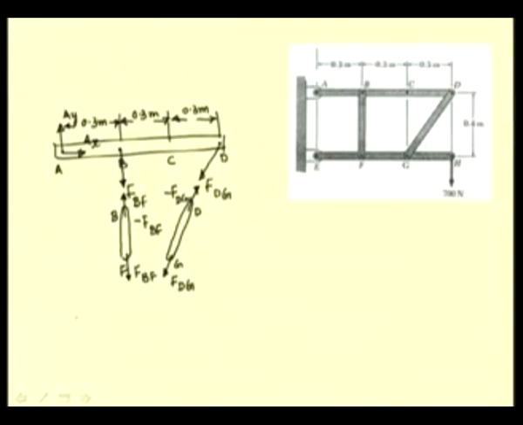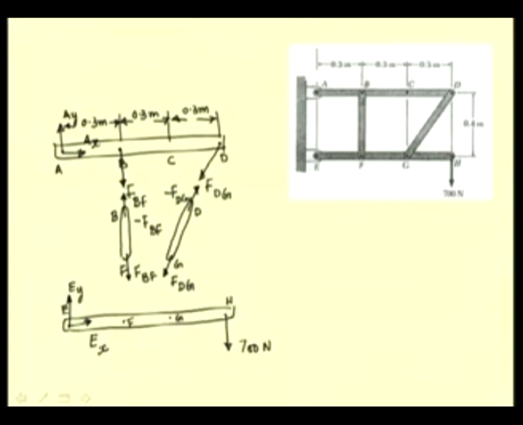Now, let us move to the last member that we have, that is EFGH. At H we have an applied load of 700 Newton, and at E we see that we have a pin connection, and so we have two components of unknown reaction, EY and EX.